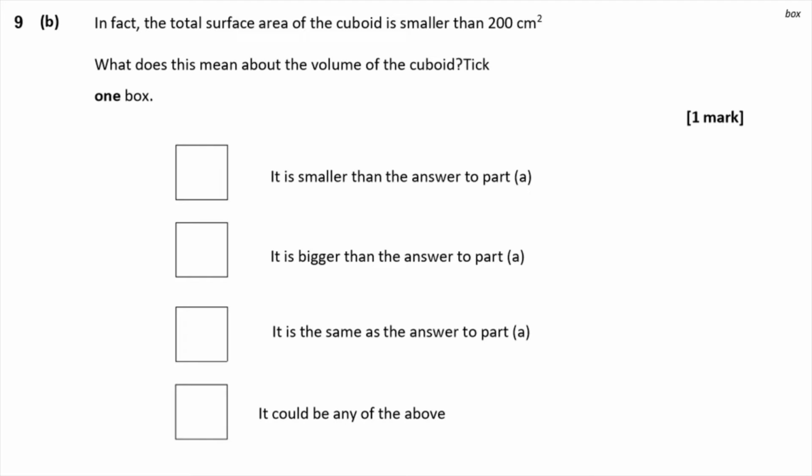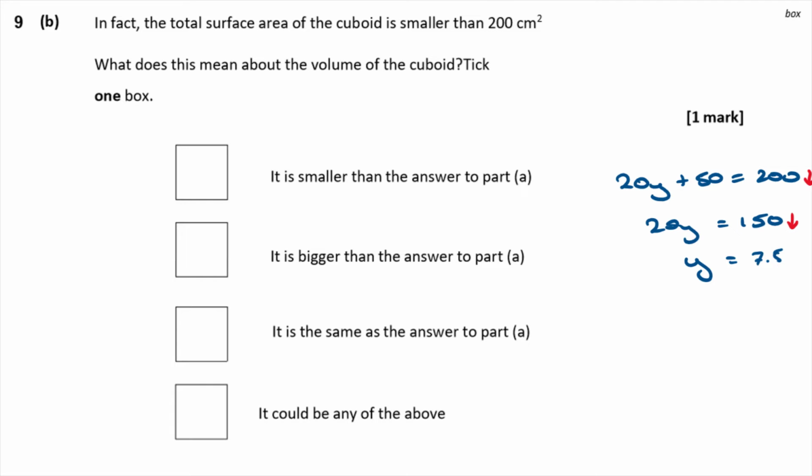If you remember, we had the formula 20y plus 50 equals 200 to work out y. Now, if 200 is not 200, but it's smaller than 200, that must mean that when we found that 20y is equal to 150, if 200 was smaller and I took 50 away from it, I'm going to have an even smaller number here, which means that y must have been smaller than 7.5.